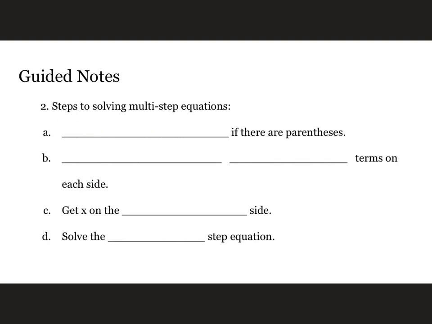The second part of our guided notes is once again those steps, the steps to solving multi-step equations. There are 4 parts here, and as long as we can do each part and understand what each part means, then we should be good to go. So once again, one of the first things that we need to do is distribute.